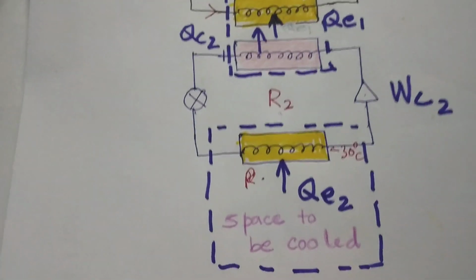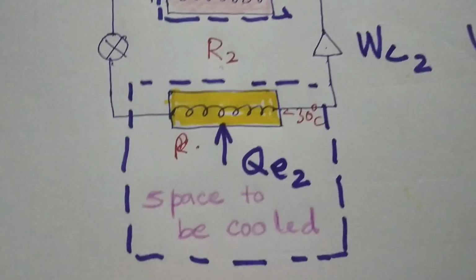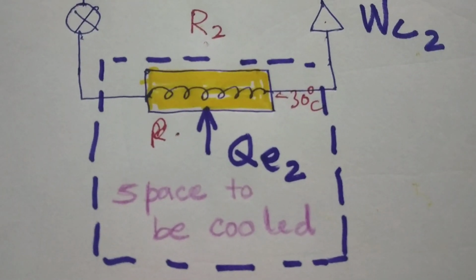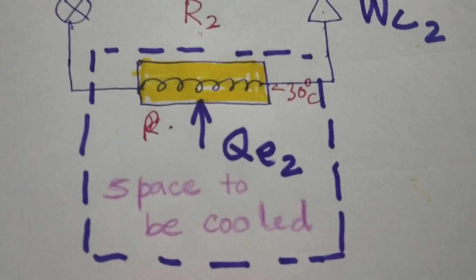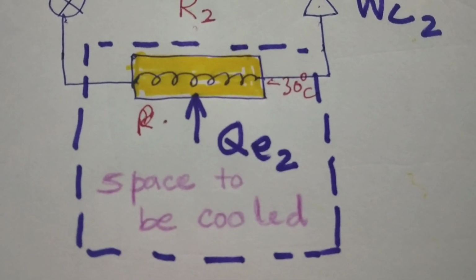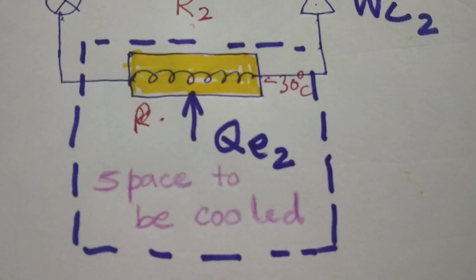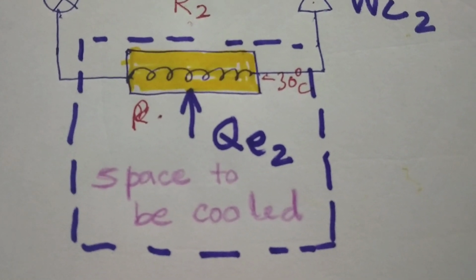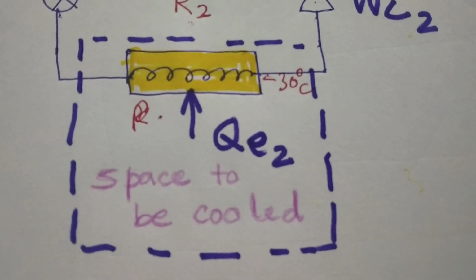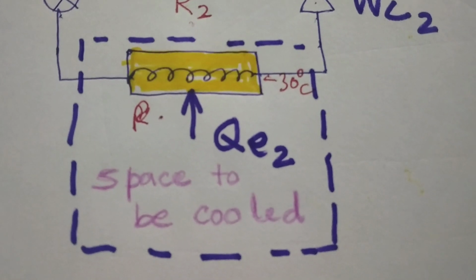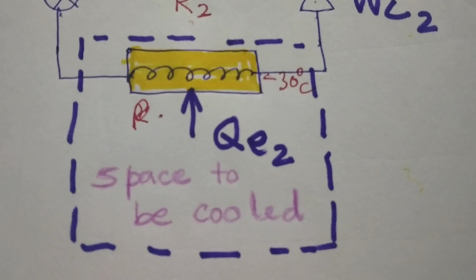Supposing there is a space at a temperature of minus 25 degrees centigrade, it will go on giving heat. So evaporator number 2 will absorb heat from minus 25 degrees centigrade, because the coil temperature is set at minus 30 degrees centigrade.